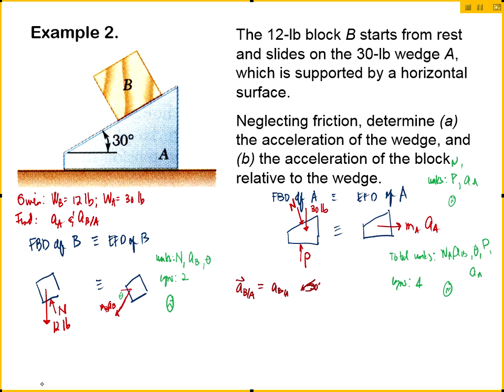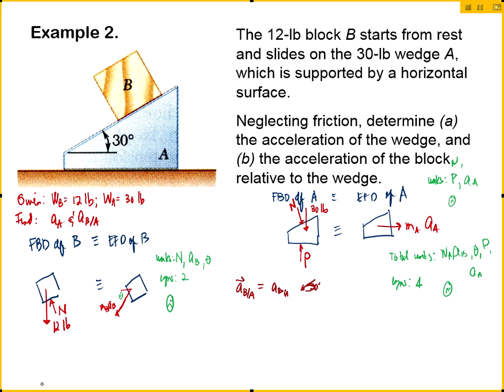F equals ma only applies if all your accelerations are with respect to an inertial frame, something that is not rotating or accelerating. Okay, so what that means is for this free body diagram of B, we have normal force plus on the right side two unknowns, magnitude and direction of the acceleration of B. Okay, and consulting with Dr. Phil tells us that this is an unhappy system, 3 unknowns, 1 force and acceleration, magnitude and direction in only 2 equations.